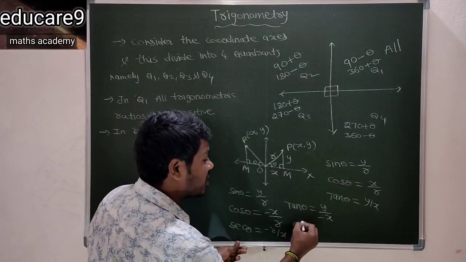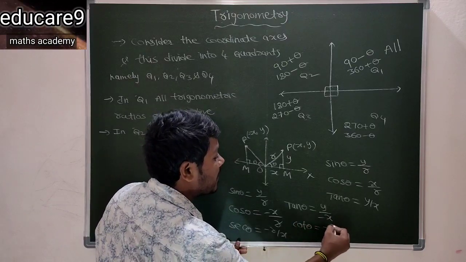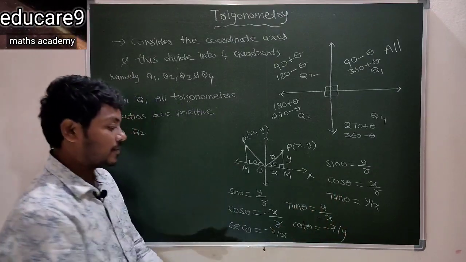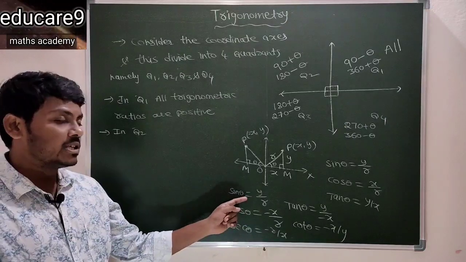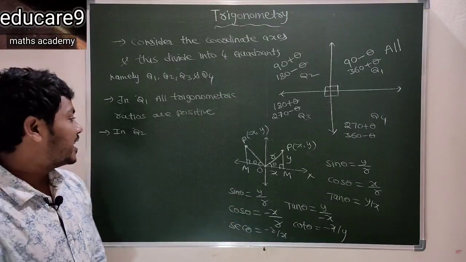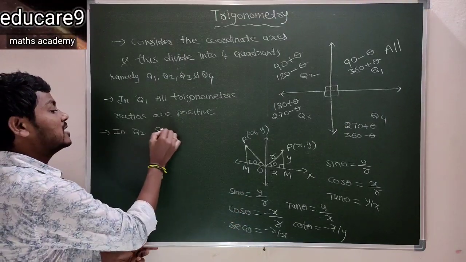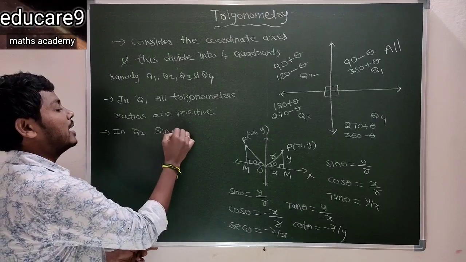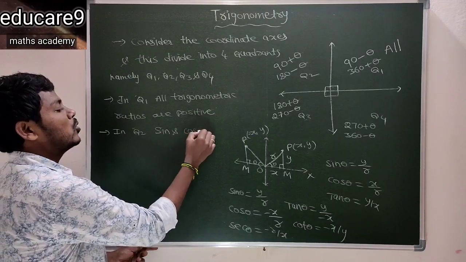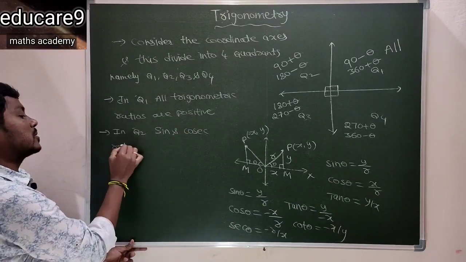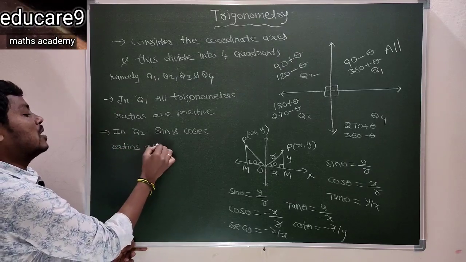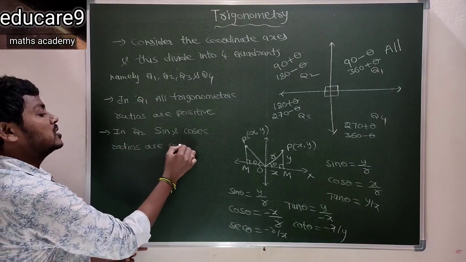So similarly sec also has a negative sign, that is minus r by x. Similarly cot theta is also minus x by y. And cosec theta is positive. So clearly in the second quadrant sine and cosec ratios are positive.